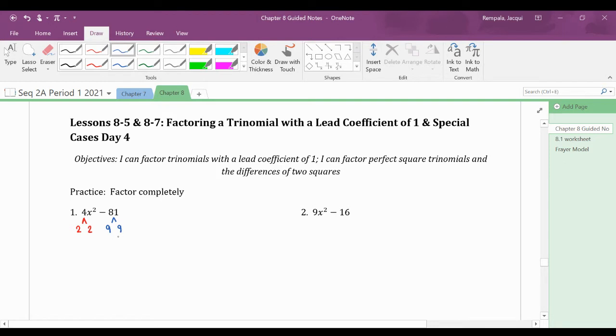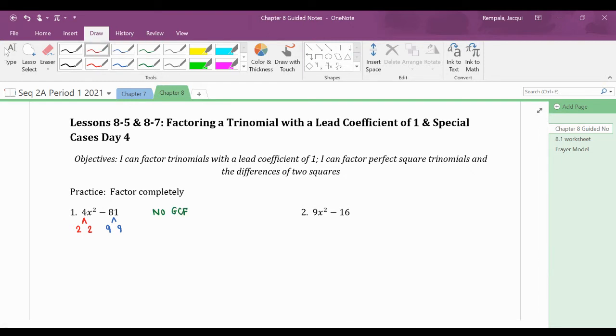Okay, well, technically I can break up the 9 into 3s. I'm not going to have anything in common between a 4 and an 81. So there is not going to be a GCF as far as numbers are concerned. Because the 81 doesn't have any variables, it doesn't have a GCF of numbers or letters, so no GCF.